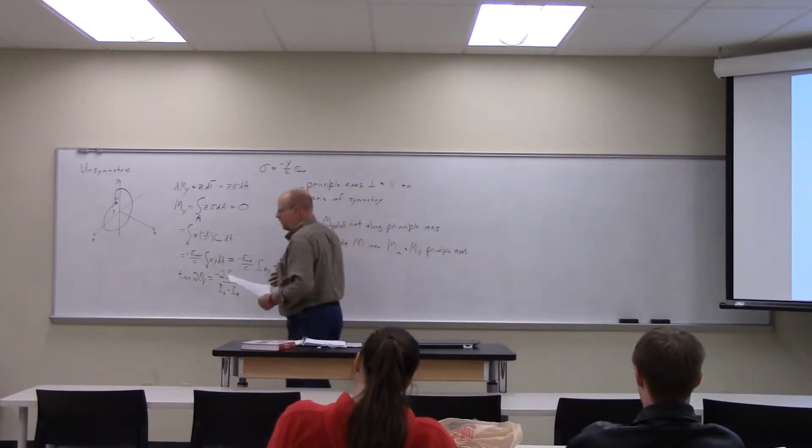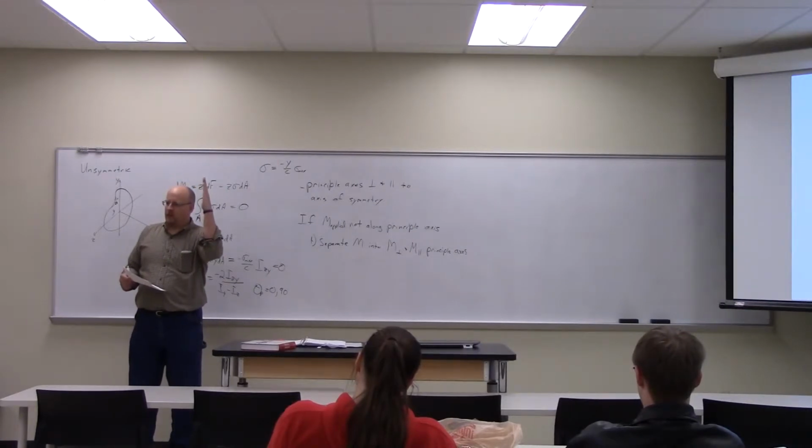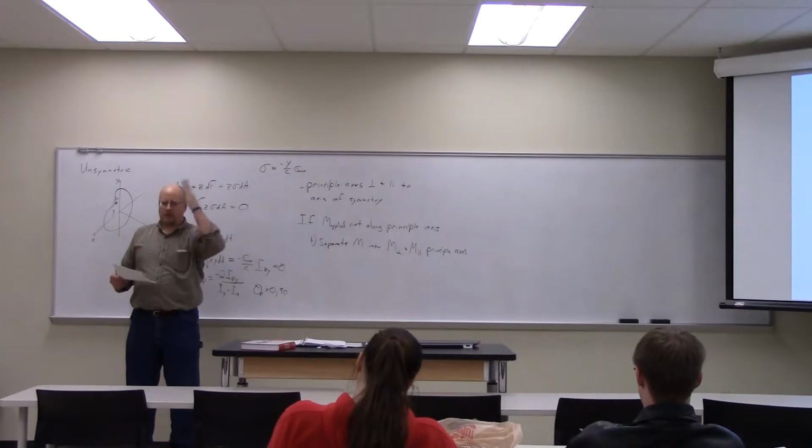So in other words, whichever way you look at it, if you're parallel to one of the principal axes, then the other one is automatically perpendicular to the principal axis. So I'm being redundant there. If one of them is parallel, then the other component is perpendicular by definition.